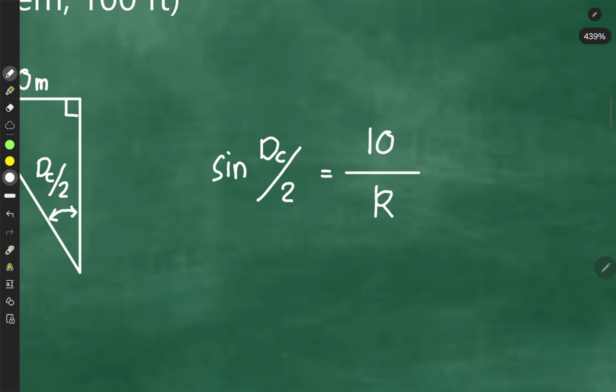Okay? So cross multiply. Ngayon yung r naman gagamitin natin, or pwede na ito mismo if we want to determine DC or r.